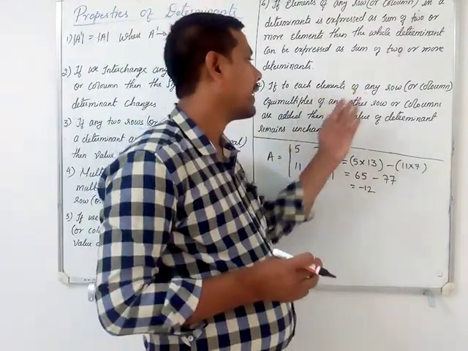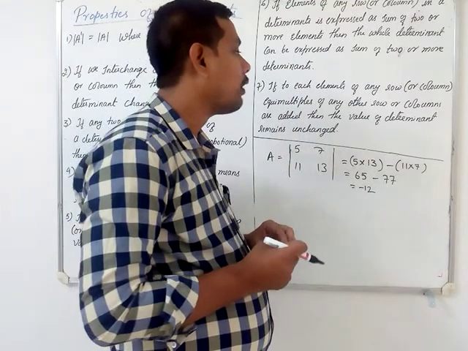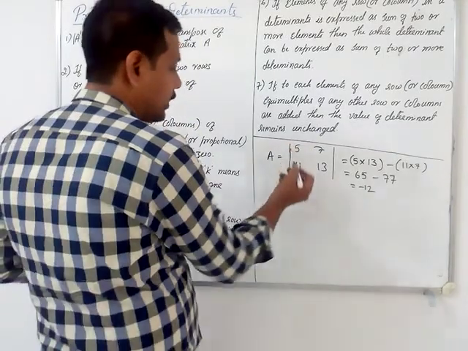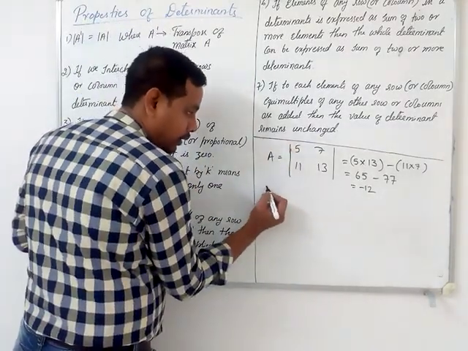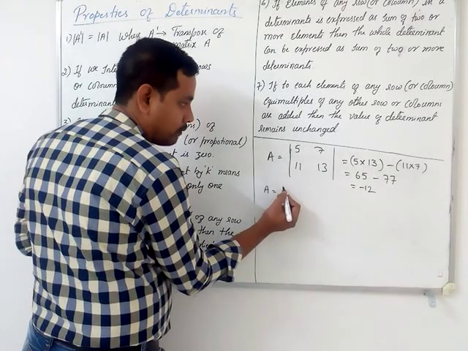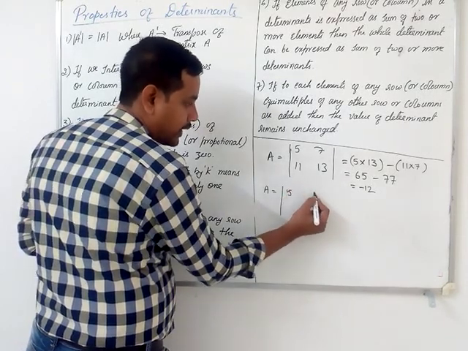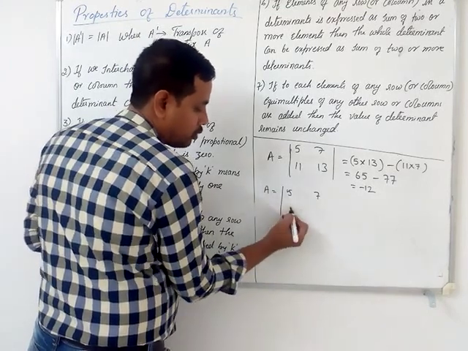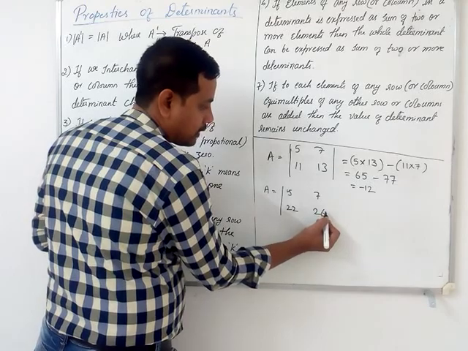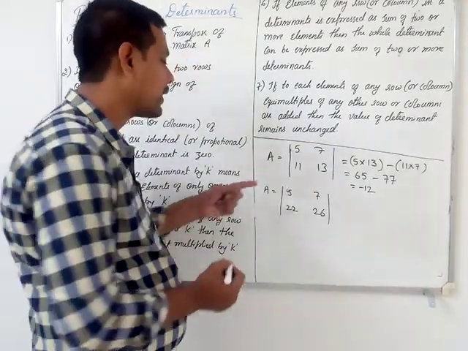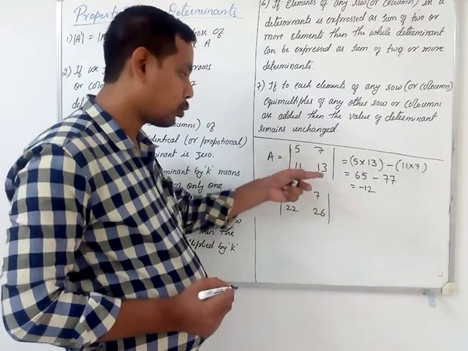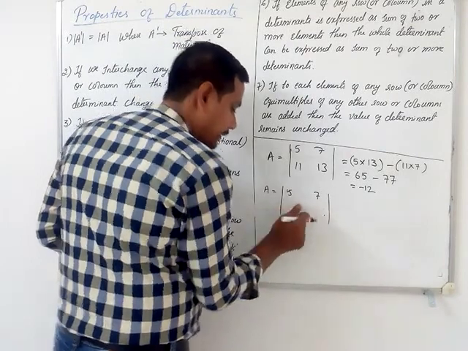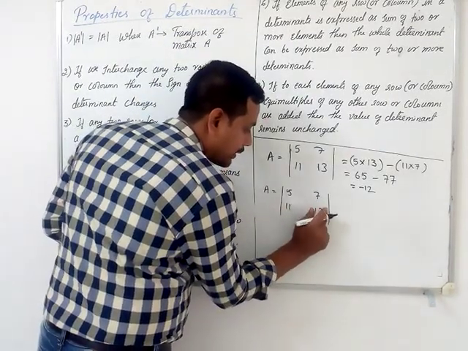So to each element of any row or column, equimultiples of the other row are added. Let us take the second row multiplied by 2. The second row is 11 and 13, so multiplied by 2 it is 22 and 26.